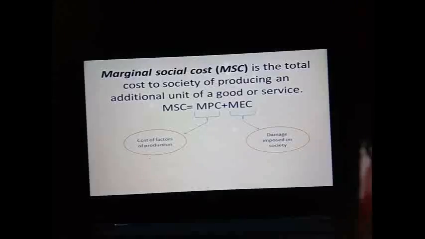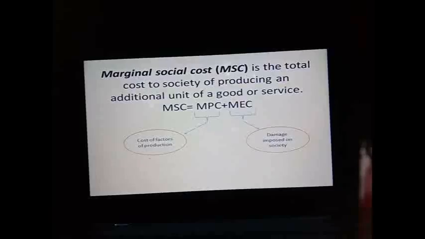Marginal private cost is our cost of production, that is, what we spend on our factors of production to get more and more output. When we incur additional cost to get one more unit of production, it is called marginal cost or marginal private cost. In addition to marginal private cost, we have to incur some other cost in our production and consumption process, and that is called marginal external cost.